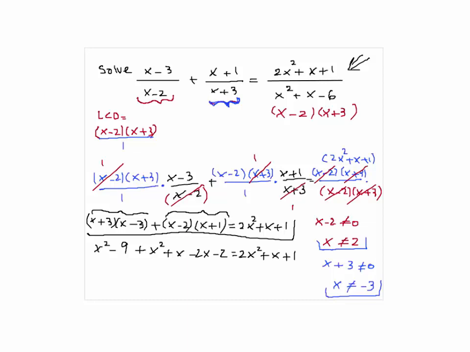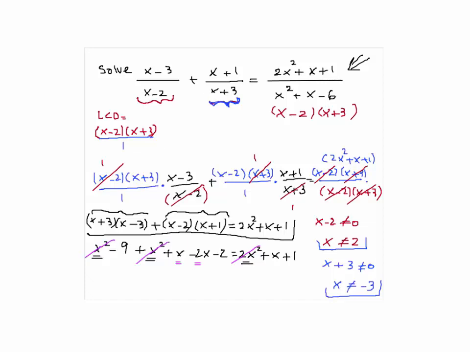Now we can start combining like terms. Here we have 1x squared plus 1x squared is 2x squared, and then we have 2x squared on the other side, so all these add up to 0. Okay, these two add up to minus x.